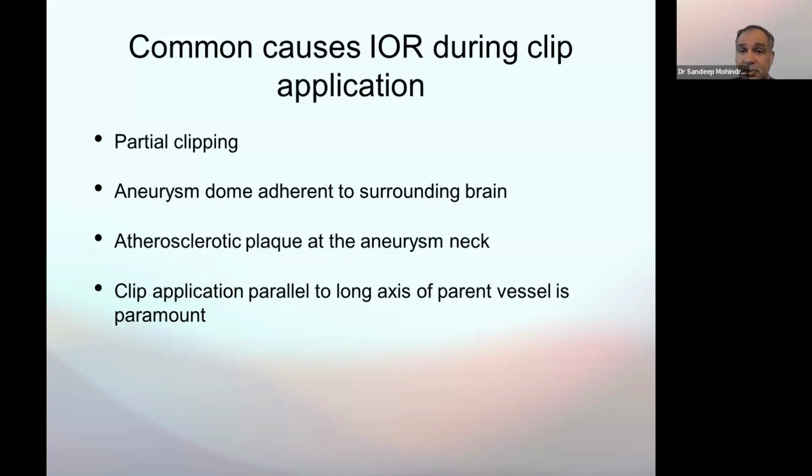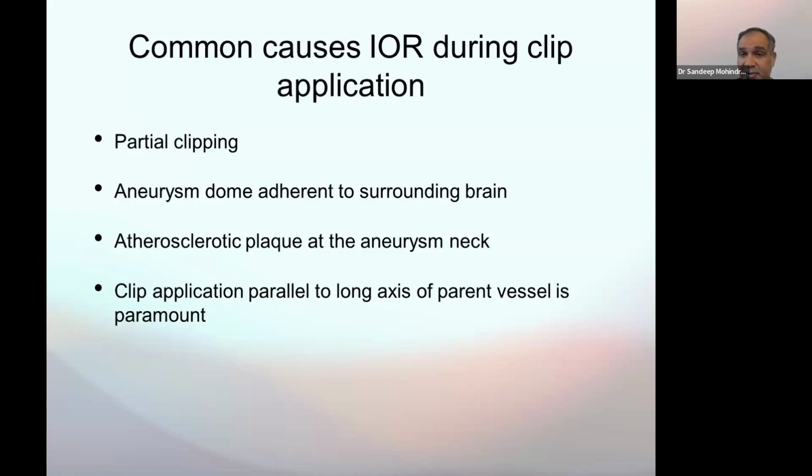The aneurysm dome may be adherent to the surrounding brain. I have seen a number of times that once you put a clip, dissect the aneurysm from around and then replace the clip, you will find that after you dissect the aneurysm fundus from the surrounding brain and reposition the same clip at the same place, the bleeding will stop.